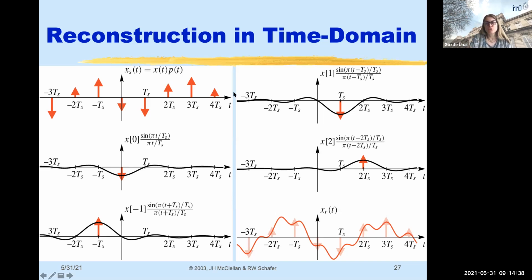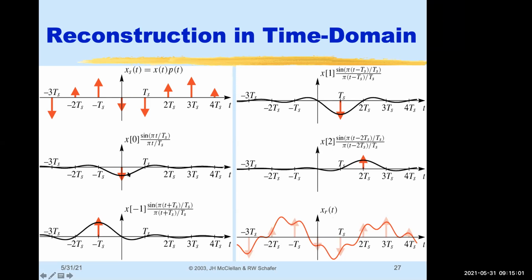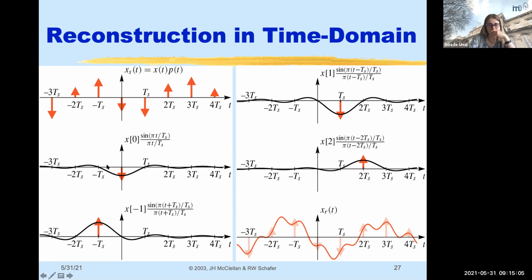So reconstruction in time domain, we can again show graphically in the slide. Remember, we have now a discrete time signal whose samples are x[0], x[-1], x[1], x[2]. Of course, however many are non-zero, we have them. And we have shifted sinc interpolating functions.